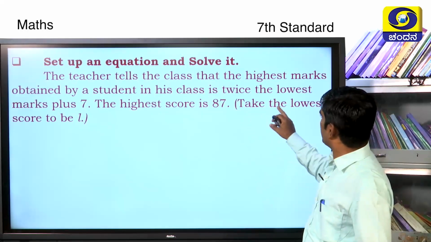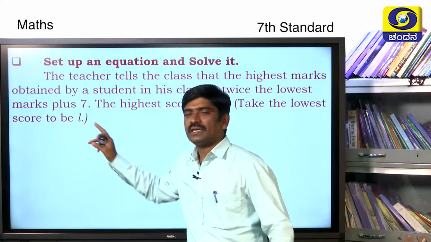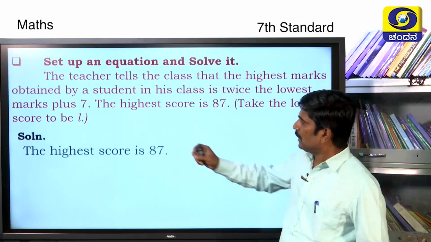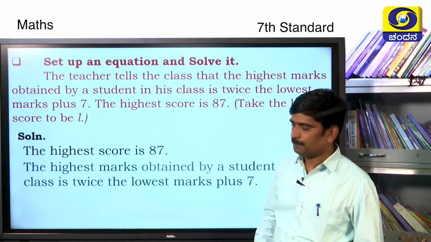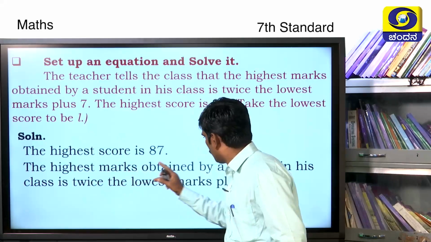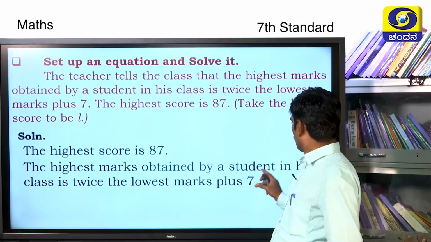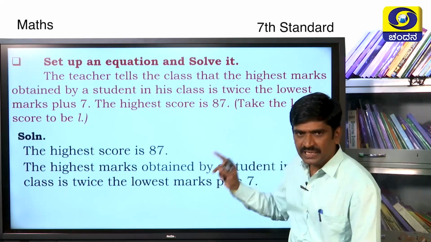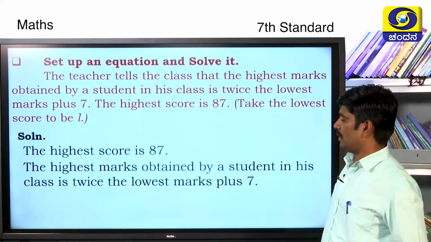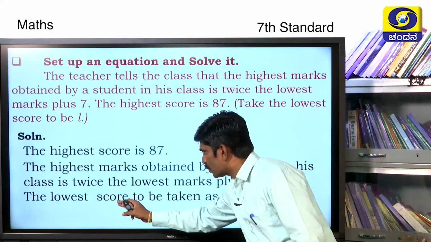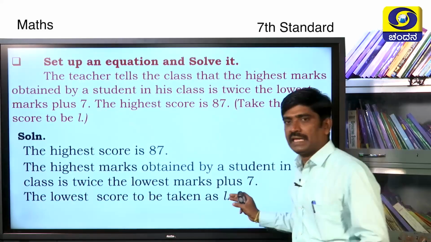The instruction is to take the lowest score to be L. Solution. The highest score is 87. Very good. Next point. The highest marks obtained by a student in his class is twice the lowest marks plus 7. Therefore, the lowest score will be taken as L.